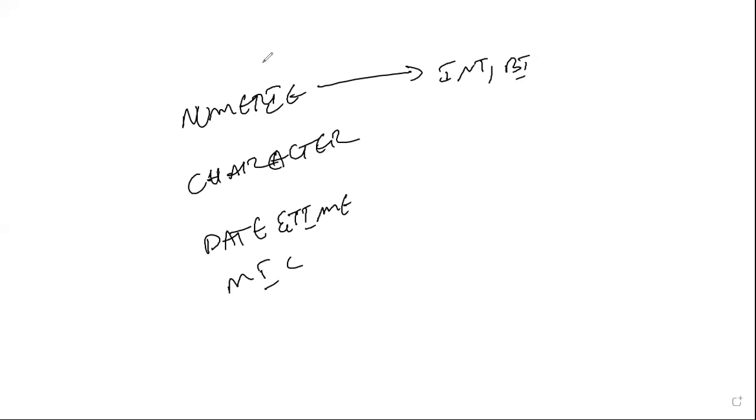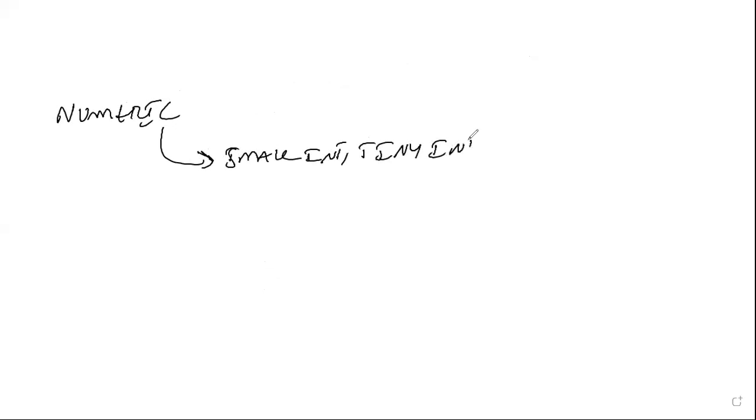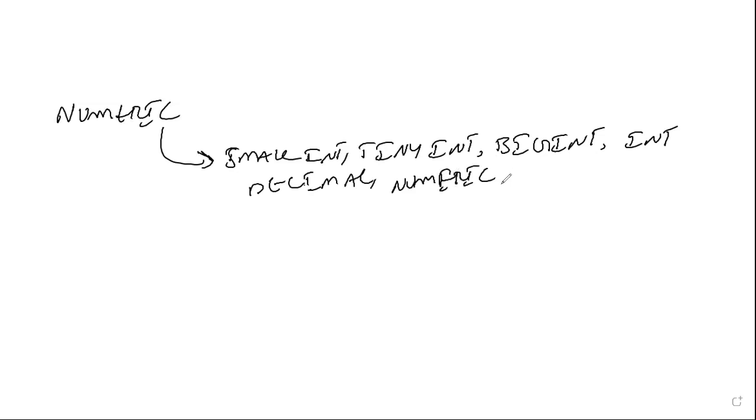First of all, write down like this. Under numeric, we will be having small int, tiny int, big int, decimal, numeric.